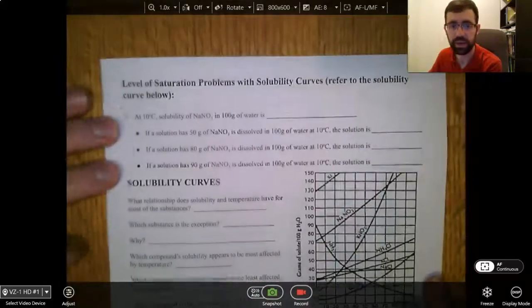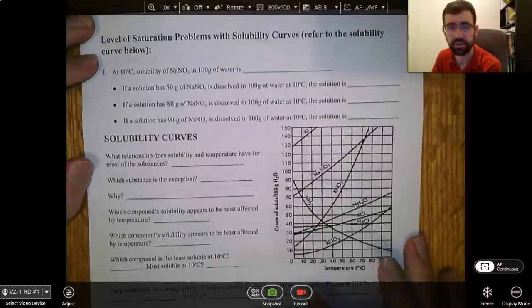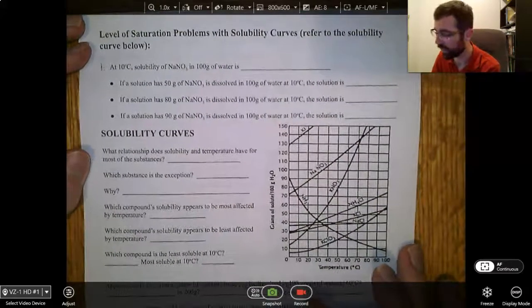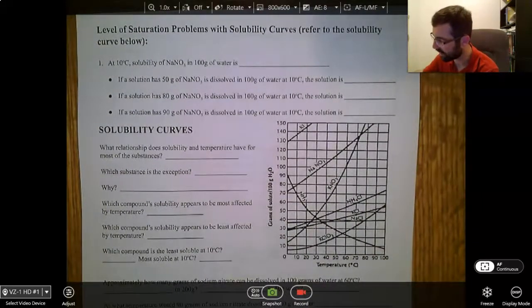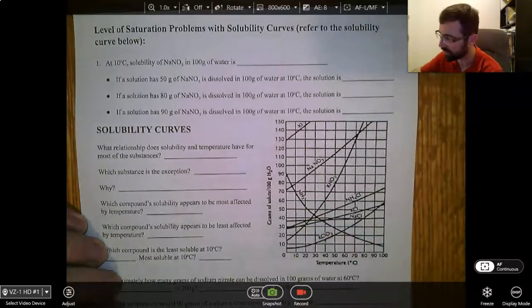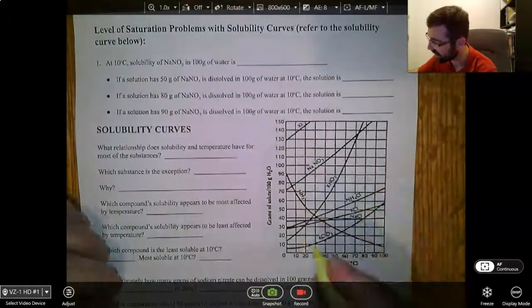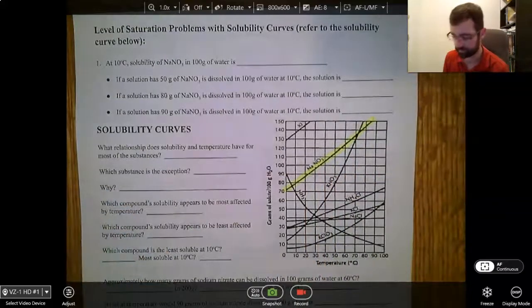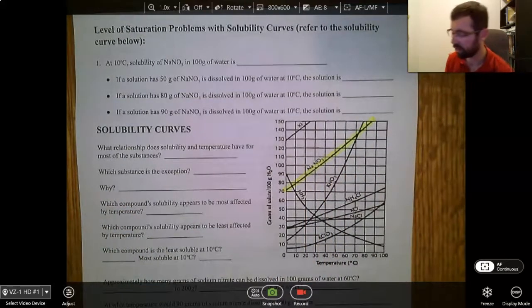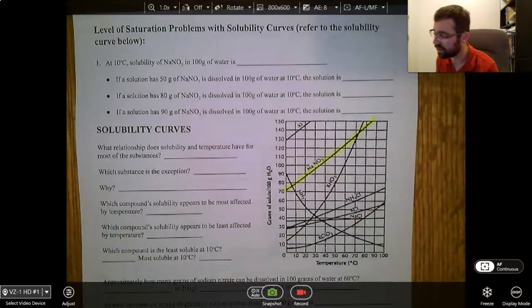On the next page, I've got basically the same solubility curve, but we want to ask some questions about it. At 10 degrees Celsius, so that's right here, and I'm talking about sodium nitrate, so let's highlight sodium nitrate in yellow just for our reference. At 10 degrees Celsius, sodium nitrate, what's the solubility of it?